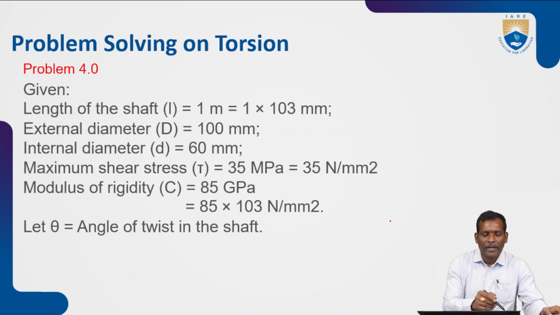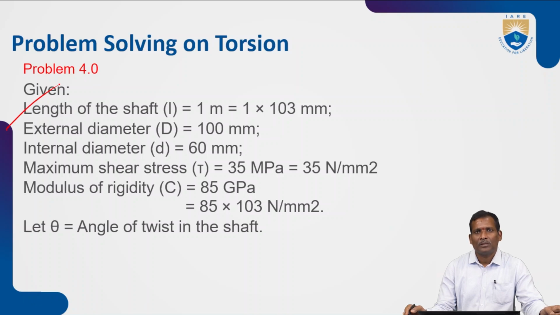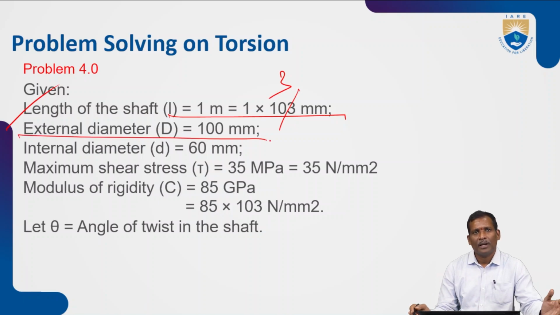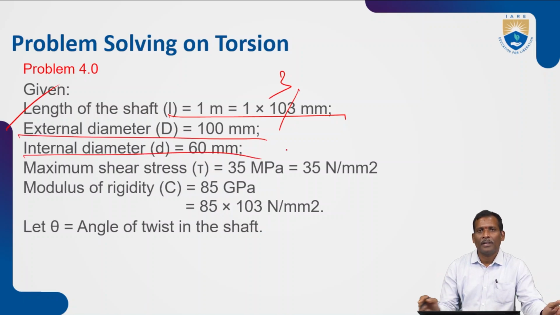So first of all, the given data: length of the shaft 1 meter, converted into mm, external diameter 100 mm, internal diameter 60 mm. The maximum shear stress is 35 megapascal.